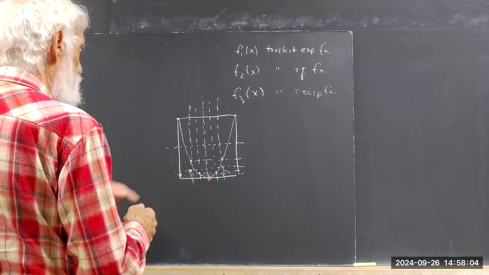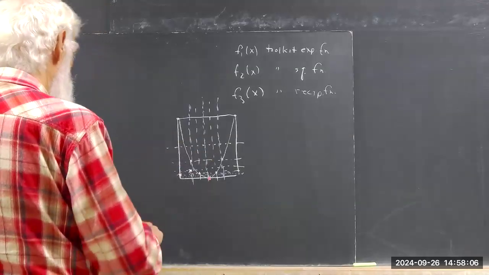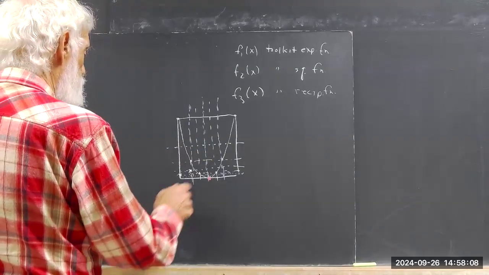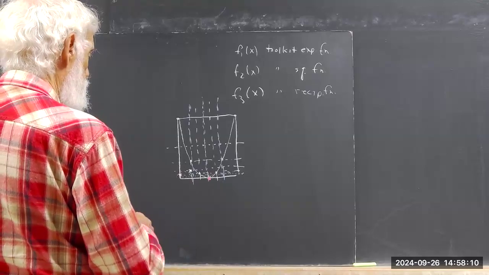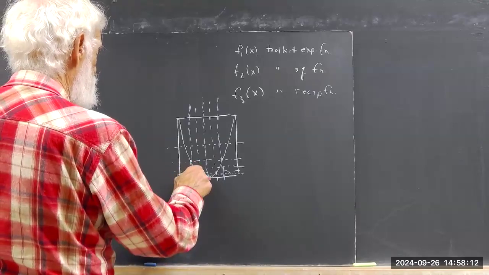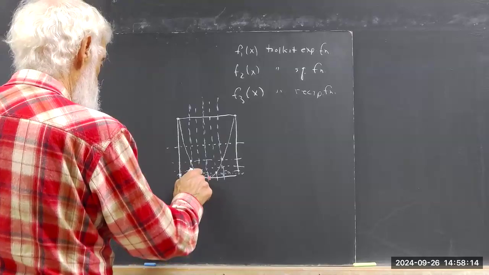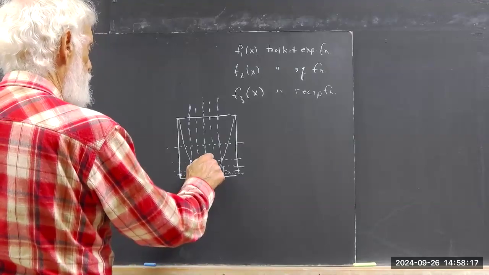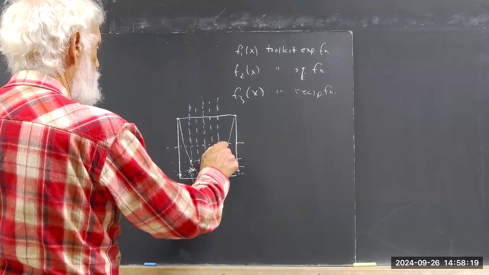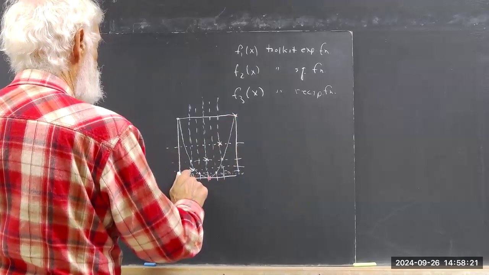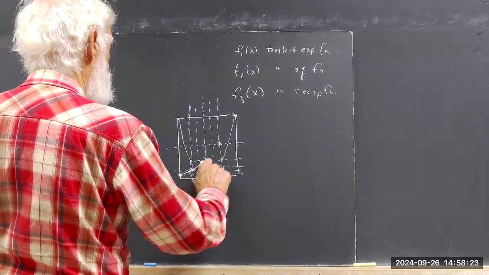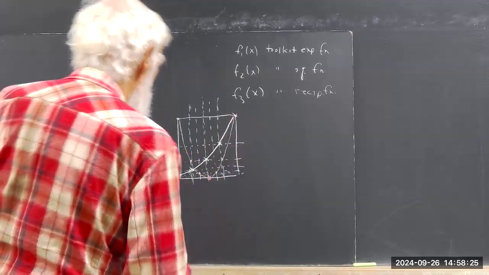So only these lines count for the exponential function. So we put a point on this line. Now it's probably a little bit over. But then we go over 1 exponential line up 1, over 1 up 1, over 1 up 1. And now we have the exponential curve.